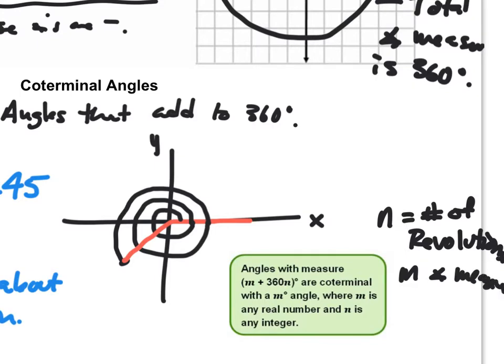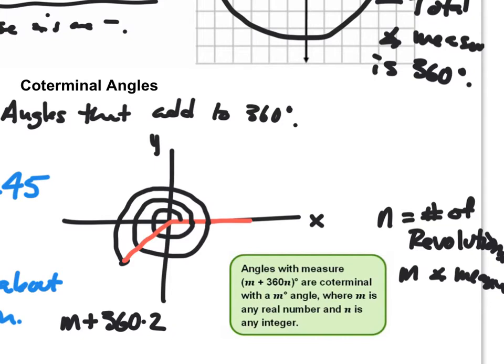When I went around this circle, I went around once and then twice. So I went around 2 revolutions. So I have n equals 2, so I'm doing m plus 360 times 2, and I need to add in that angle measure.